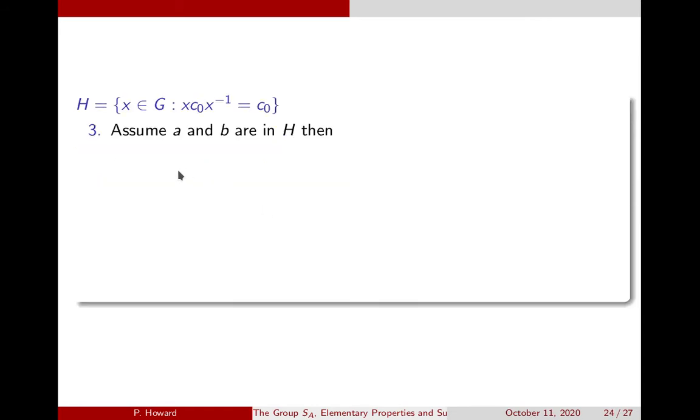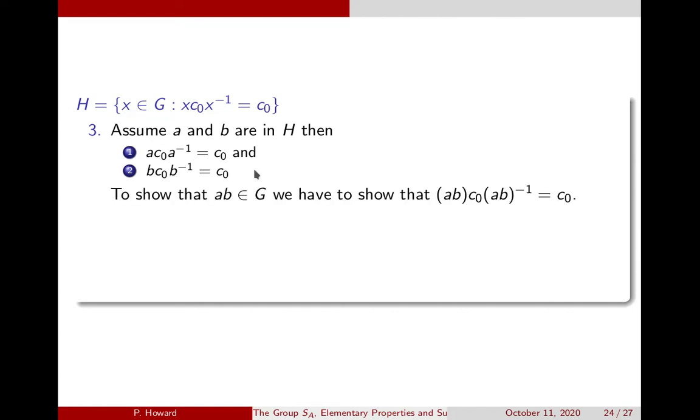Now, showing that H is closed under the operation, assume A and B are in H. Translating that into equations means that A C0 A inverse is C0, and similarly for B, B C0 B inverse has to be C0.